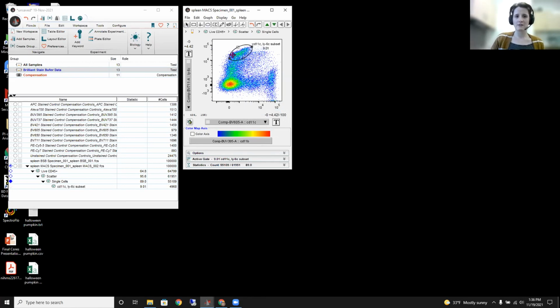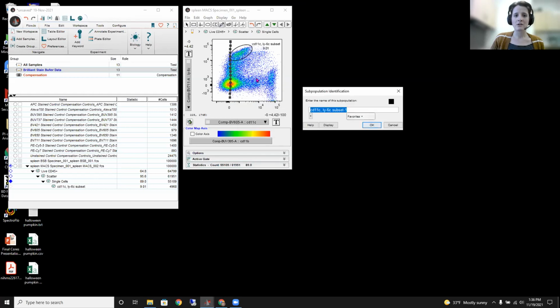It looks like there's a curving of the population, which is what we expect to see if data is undercompensated, right? The reason for that, if we're thinking about compensation, is, let me do this. We expect the MFI of the negative and the positive to match in the spillover detector, right?